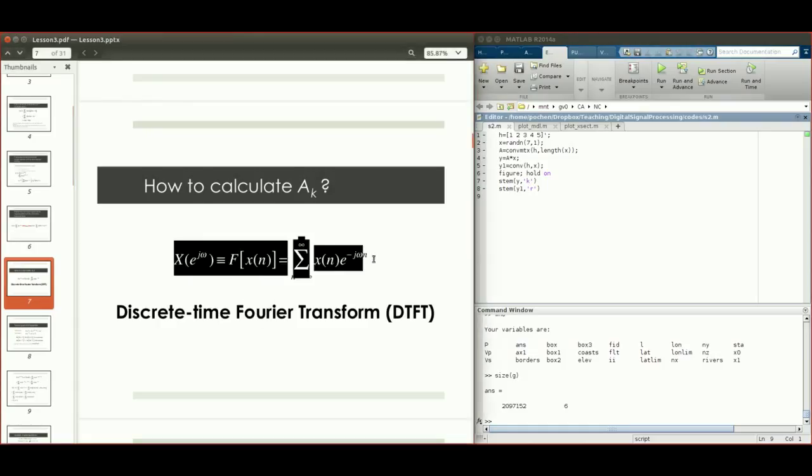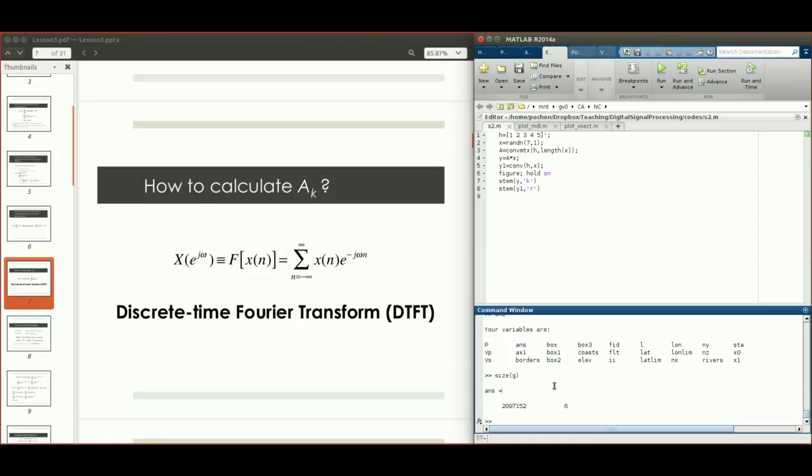This formula represents the discrete Fourier transform, and if you have used the FFT routine in Matlab before, the FFT is just a very fast implementation of it, called the fast Fourier transform. So it's an implementation of this particular formula that's adapted to modern digital computers.